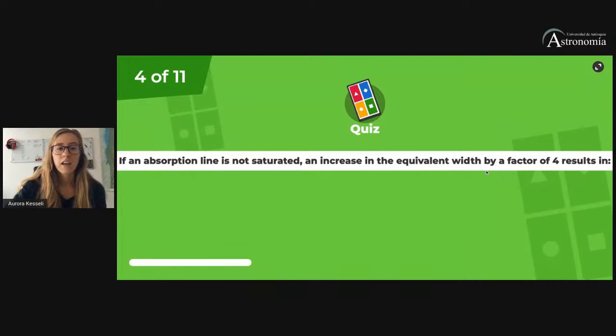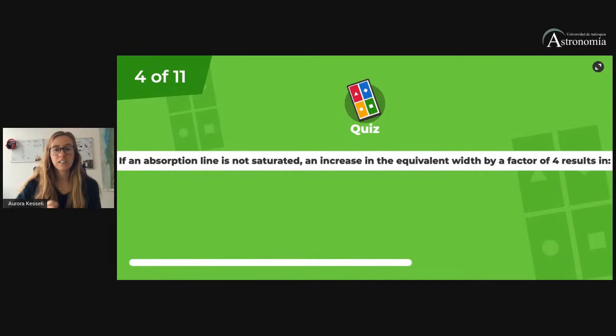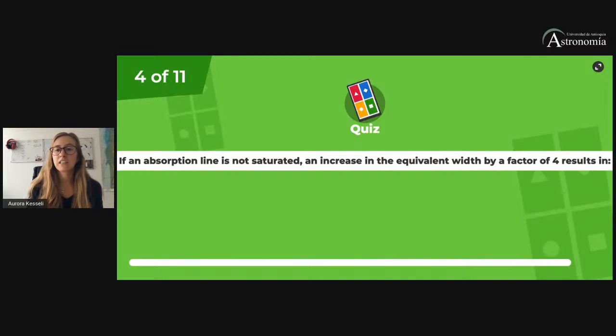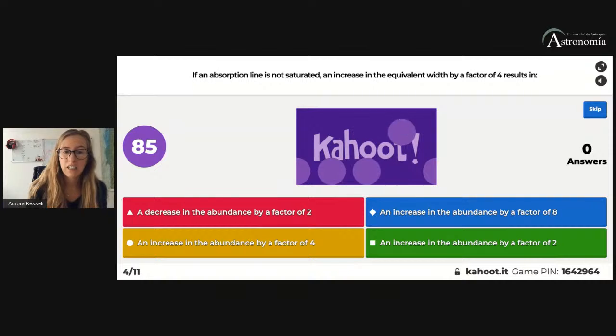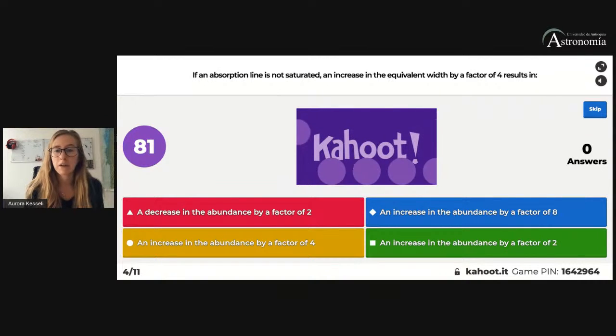All right. If an absorption line is not saturated, an increase in the equivalent width by a factor of 4 results in a decrease in the abundance by a factor of 2, an increase in the abundance by a factor of 8, an increase in the abundance by a factor of 4, or an increase in the abundance by a factor of 2. And this is for a line that's not saturated.